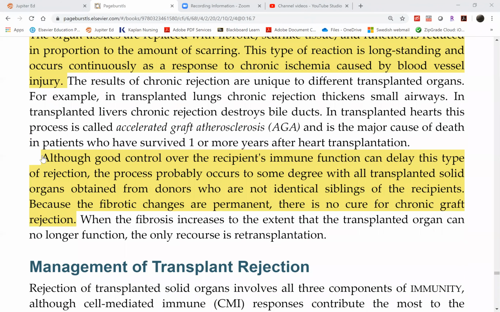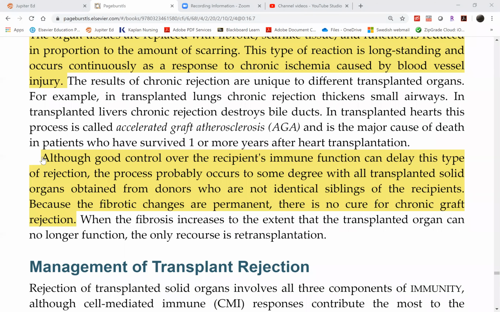There's no way you can identify it early. So this one is so insidious, that's the best word. You can't really monitor it as it happens because it occurs slowly over several months, over several years.